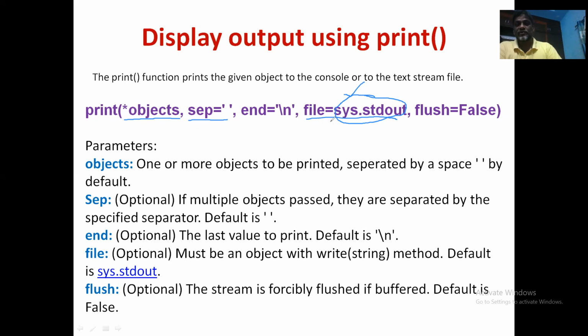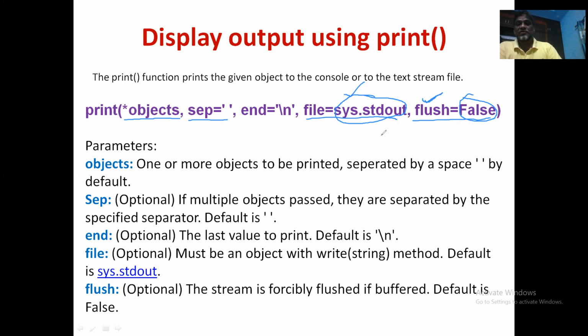For example, if you want to write the contents to a file, you can mention the file name, example1.txt, something like that. Okay, and the last parameter is flush is equal to, and by default the default value of flush is false. The purpose of this flush is, if you try to display the objects onto the screen, sometimes it may be buffered.